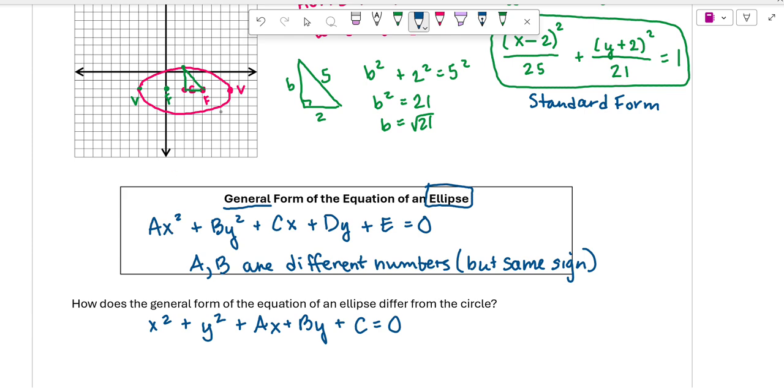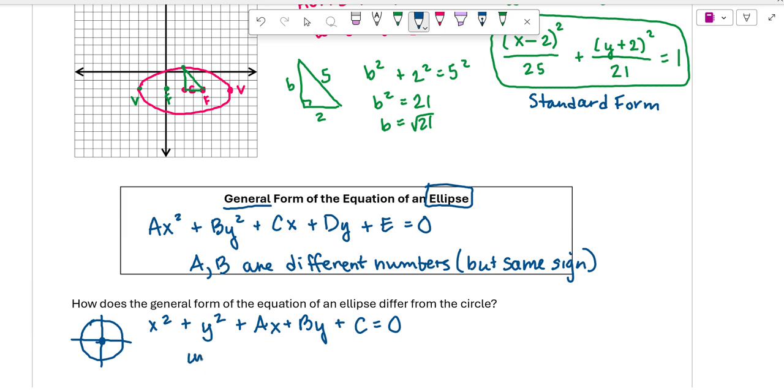Because it stretches out in one direction more than in the other direction. Versus a circle is kind of like an ellipse, except it's stretched the same in the x direction as it is in the y direction, so the foci basically are on top of each other. It's stretched in the same direction, in the same amount.